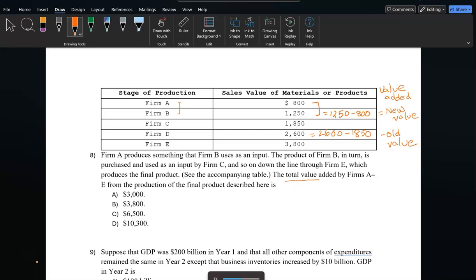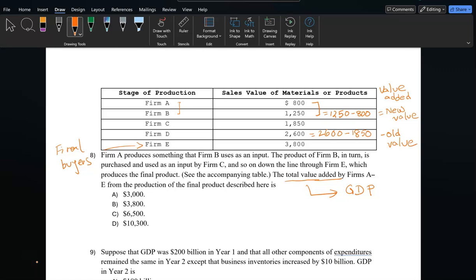So this one, farm E, they are the final buyers of the product. By total value added, we have to find out the GDP. We can do it in two ways. First, we can find out the value added between each stage of the production process and add them up together.